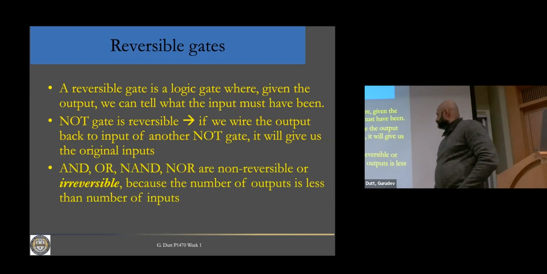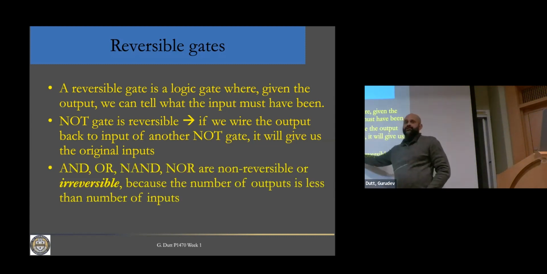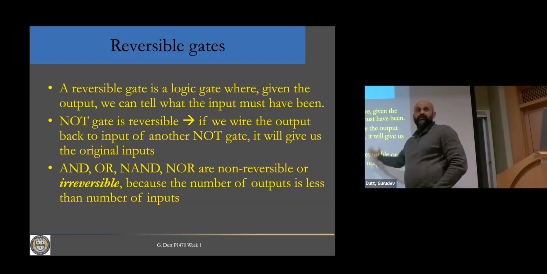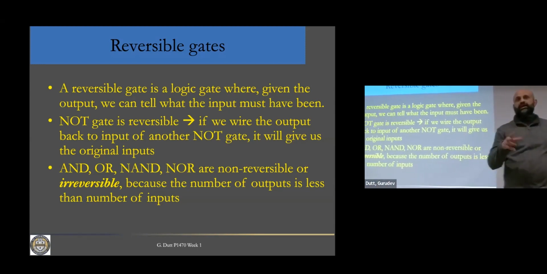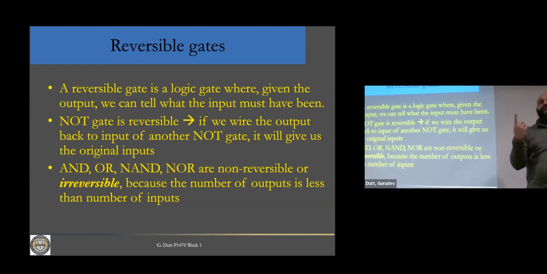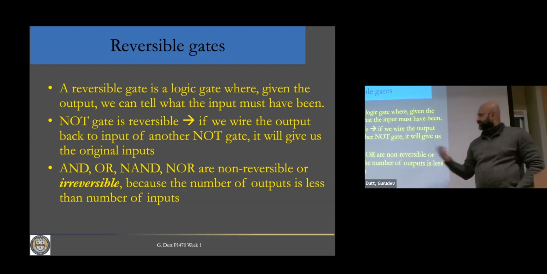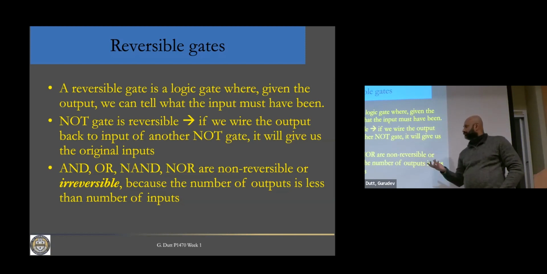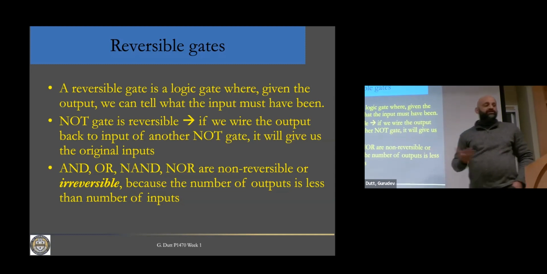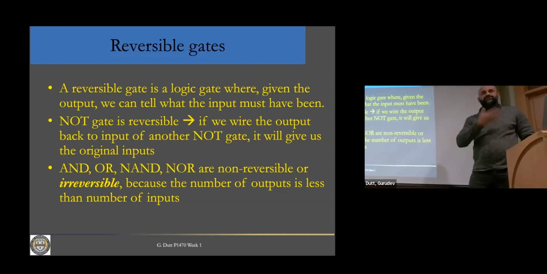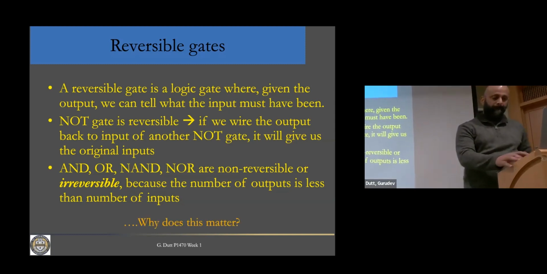But there are several operations in the universal gate set that I introduced that are irreversible. The obvious reason is, for example, AND: it takes 2 inputs, A and B, and produces only 1 output, A times B. Same with OR, same with NAND, same with NOR. Since the number of outputs is less than the number of inputs, it's immediately irreversible, because several combinations of inputs give rise to the same output.